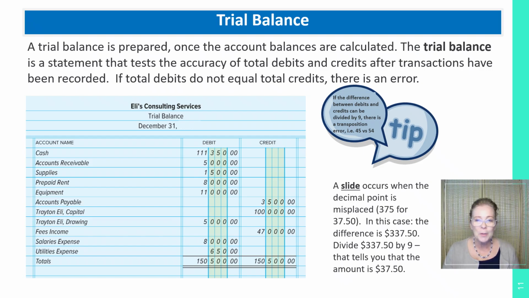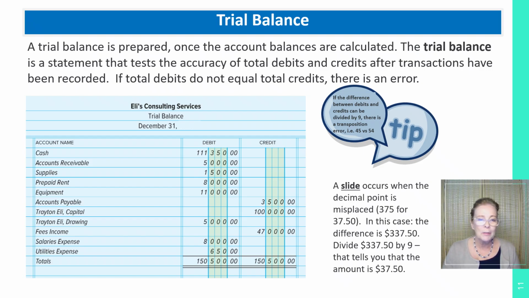If the difference between debits and credits can be divided by 9, there is a transposition error. Like, for instance, you wrote 45 instead of 54, or you entered 3,500 on the debit side and 5,300 on the credit side.